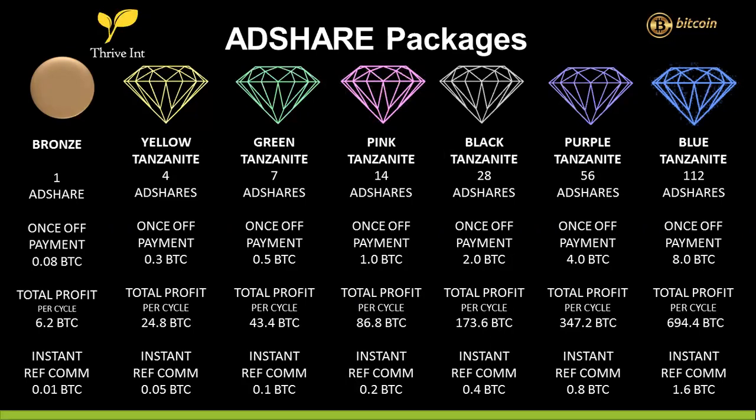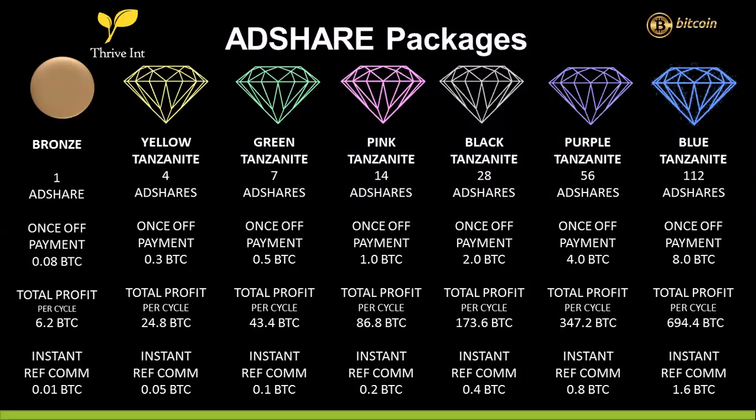And you've got your position or your Adshare. Underneath your Adshare on your level 1, you've got 2 open positions. On your level 2, you've got 4 open positions. And then on the next level, you've got 8. On the next level, you have 16, and then 32, and 64, and 128, and 256, and it carries on like that.